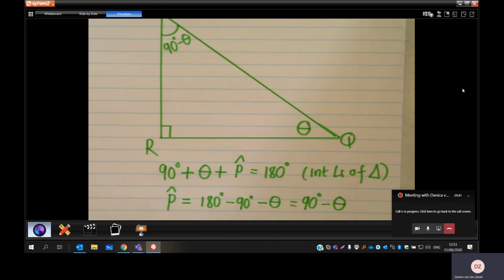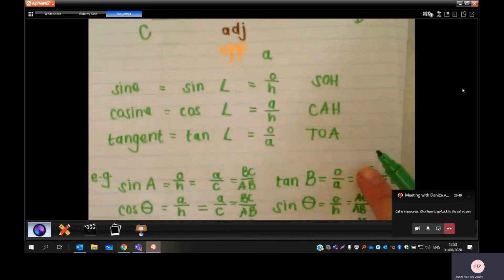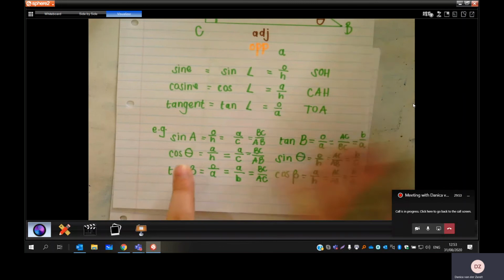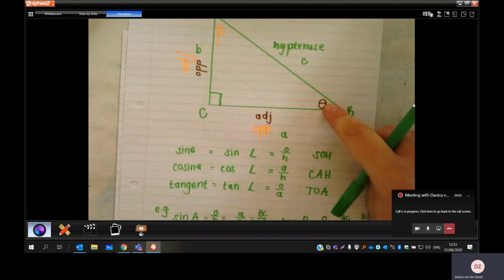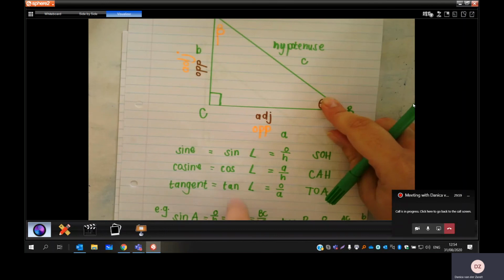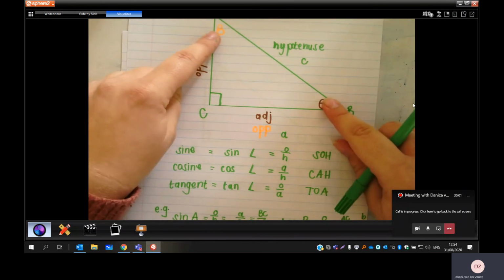And that's also why sine and cos are the same in opposite reference angles. So look here. When we did cos of theta and sine of A, they landed up with exactly the same ratio. And that is why we call them co-ratios.